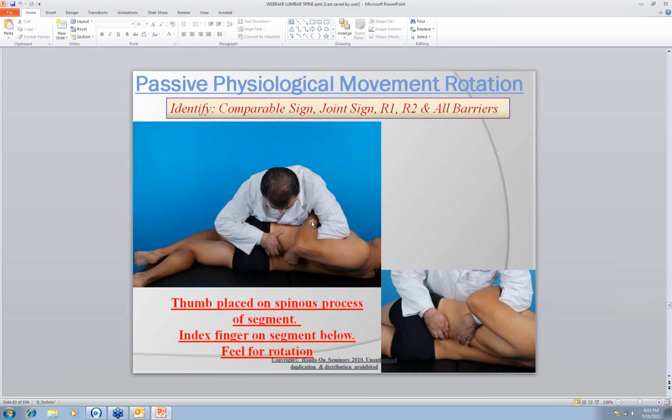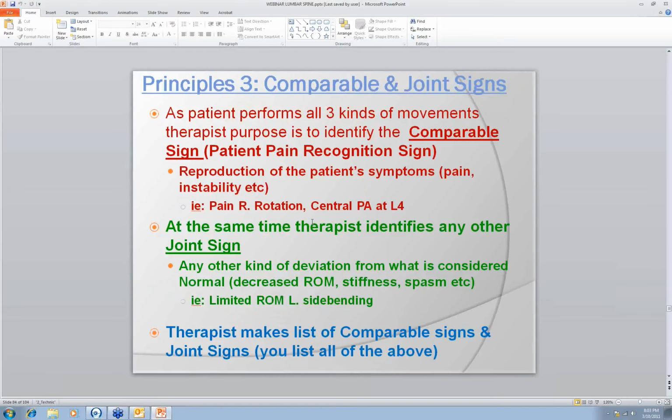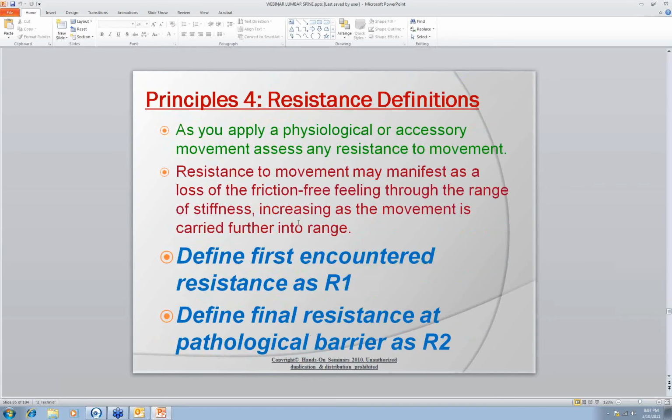And then, after we look at that, as I said, the point is to identify a comparable sign or a joint sign. Comparable sign is any kind of movement that will reproduce the patient's symptoms. Any other kind of deviation from normal, it's called a joint sign.